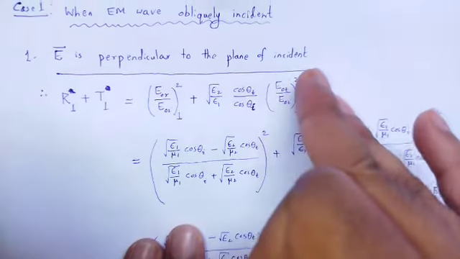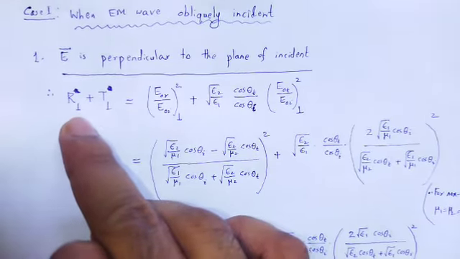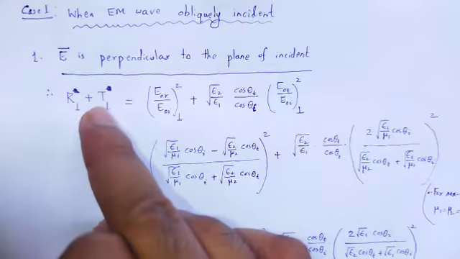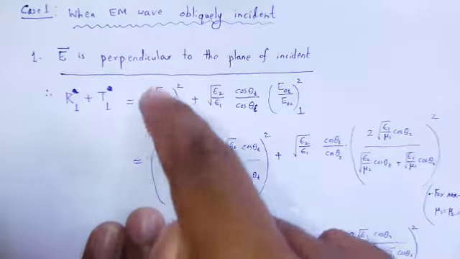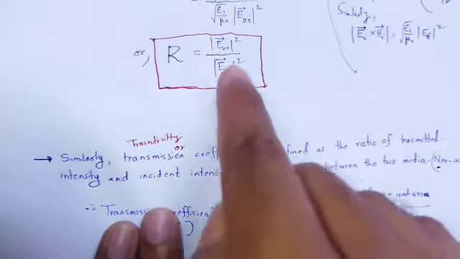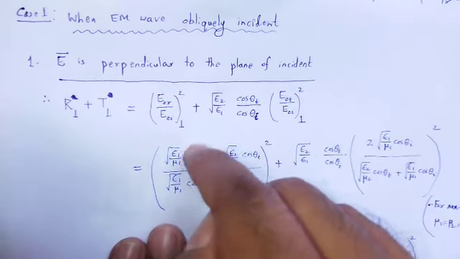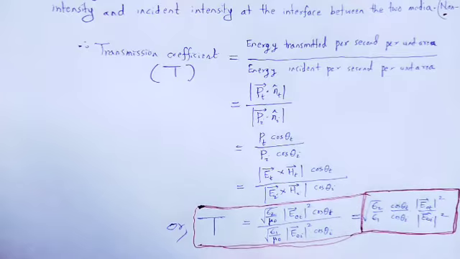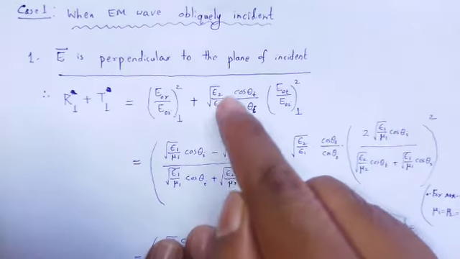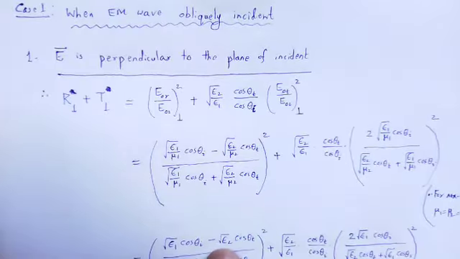When the E vector is perpendicular to the plane of incidence, the reflection coefficient in the perpendicular situation plus the transmission coefficient in the perpendicular situation is equal to, the R perpendicular expression is used, E0R by E0I perpendicular squared, plus next the T perpendicular expression is used. So what is E0R by E0I perpendicular? E0T divided by E0I perpendicular.